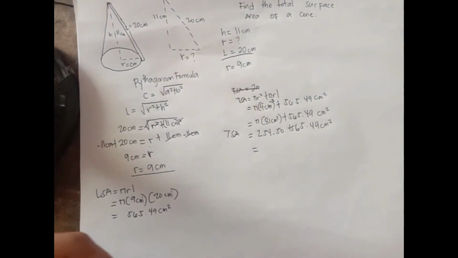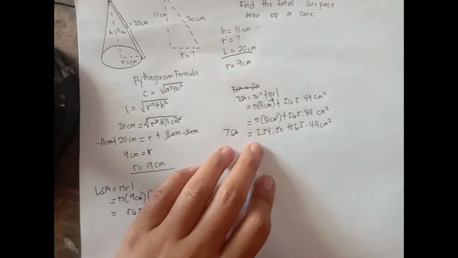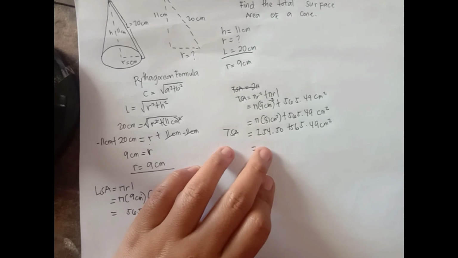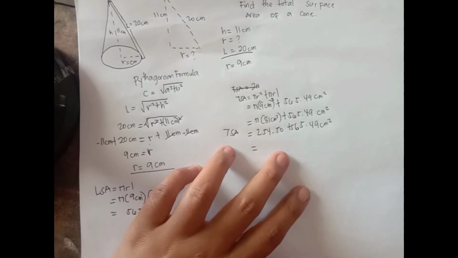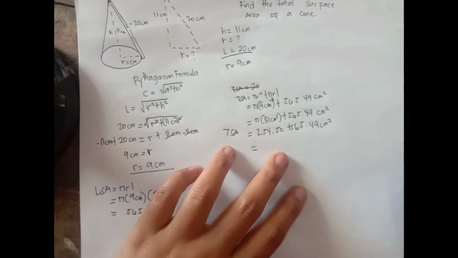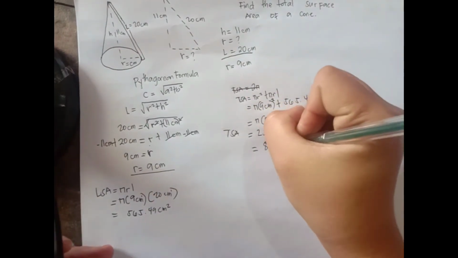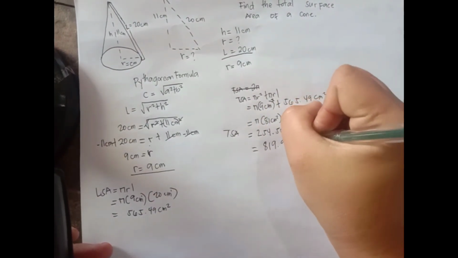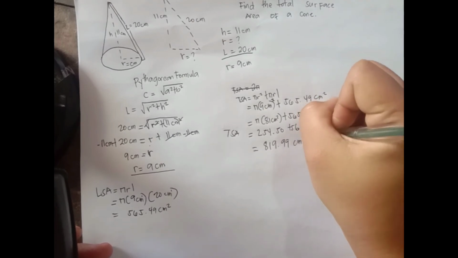Okay, what is the answer? So we have to add 254.50 plus 565.49 equals to 809.99 centimeters squared. Is that clear?